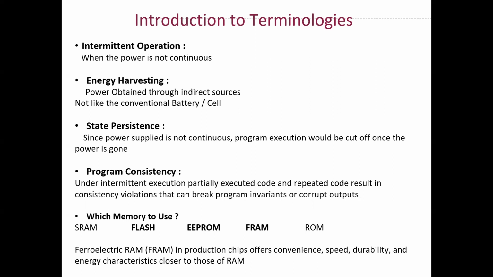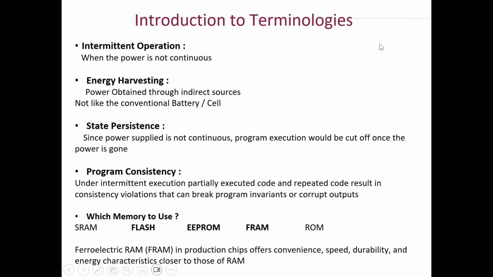ROM is a persistent, permanent memory, but ROM is extremely slow. So you need something which possesses the properties of ROM but is also as fast as SRAM, and so we usually use flash, EEPROM, or FRAM. These three are associated with different ways of using memory to bring about intermittence.